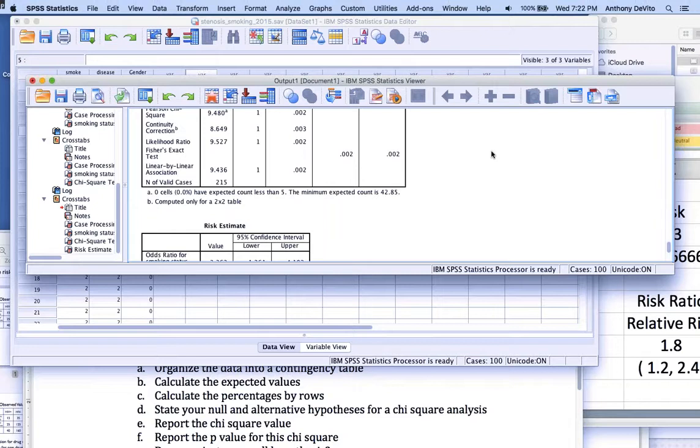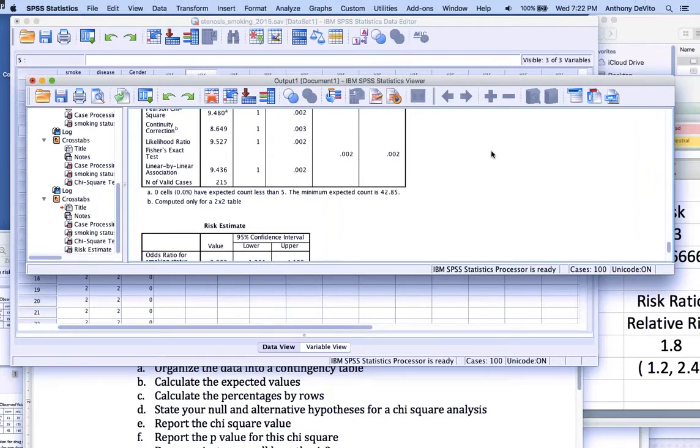Later on, we're going to be talking about a situation where you have two numerical variables. Let's say that I wanted to see if there was a relationship between BMI and blood sugar level. Both of those are numbers.